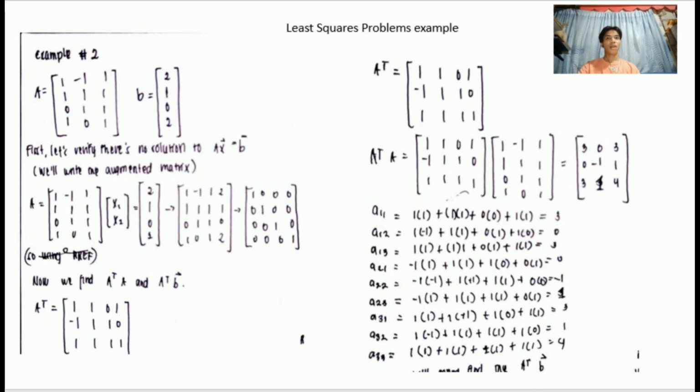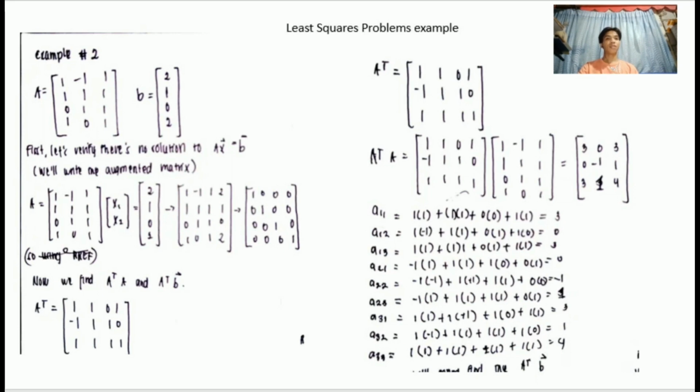So we have here also our B, which equals to 2, 1, 0, 2. So first, we also need to verify if there is no solution to our ax minus b. So since there is no solution to this problem, we just need to write the augmented matrix again.